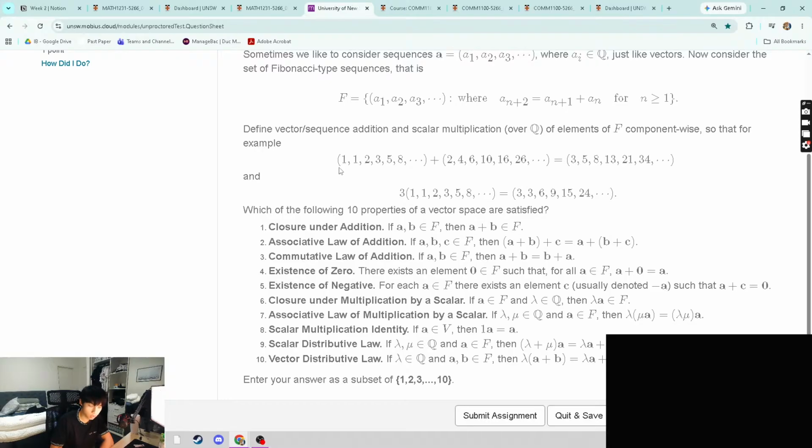Okay, let's try it actually. Like 2 plus 1 times a vector A, which is defined by 1, 2, 3, 5, 8.